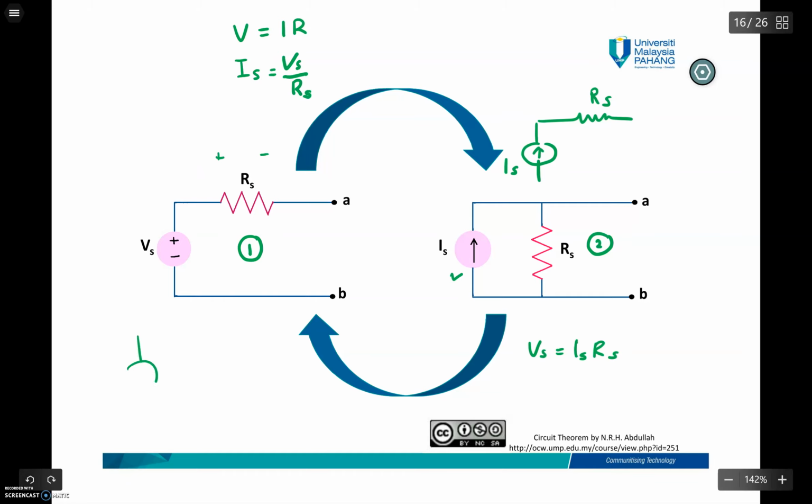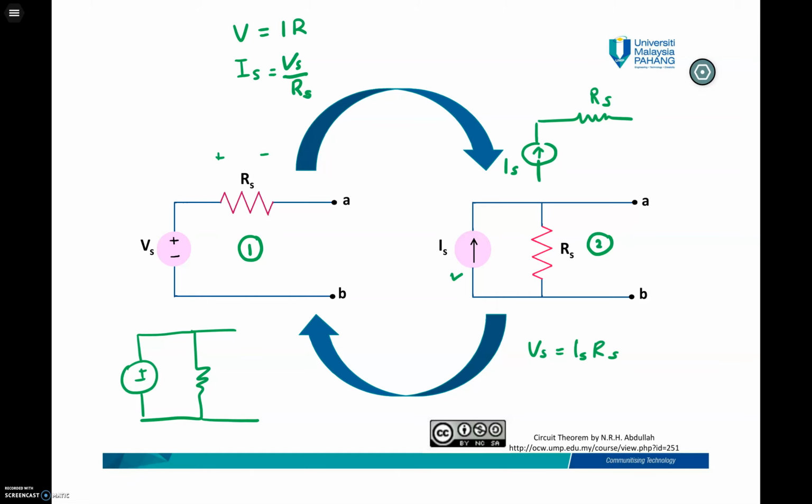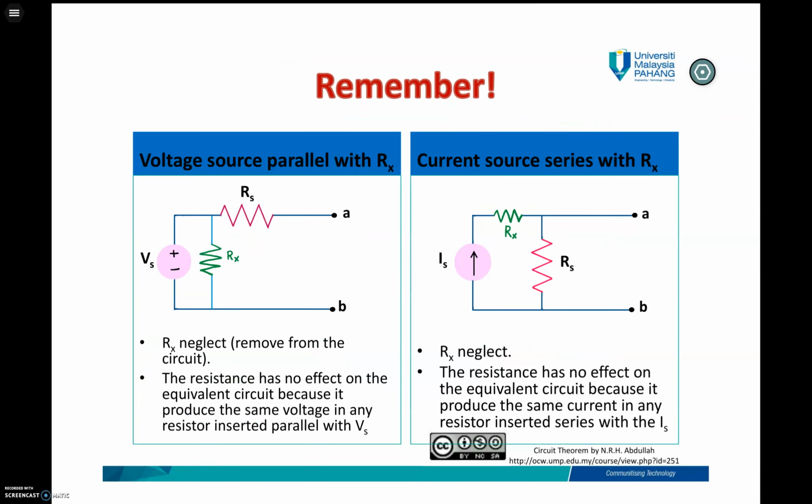But if you connect the Vs in parallel with the Rs, you can ignore the Rs because the voltage at Vs is the same as the voltage at Rs. These are the things that you have to remember for source transformations.